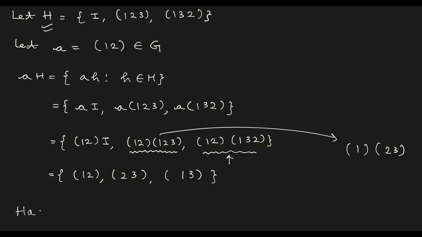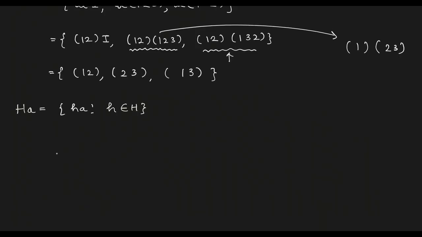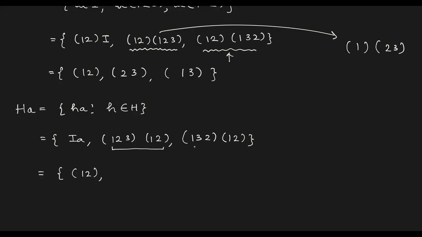Now write the right coset, ha such that h belongs to H. So identity times a, (1 2 3) times (1 2), (1 3 2) times (1 2). So this is equal to (1 2) only. And what will be this? Calculate both of these.